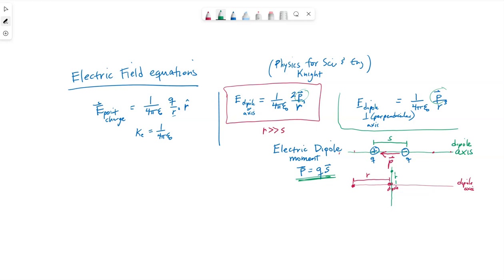If we were dealing with a situation where they're not far away, we would simply be finding the electric field due to multiple charges.